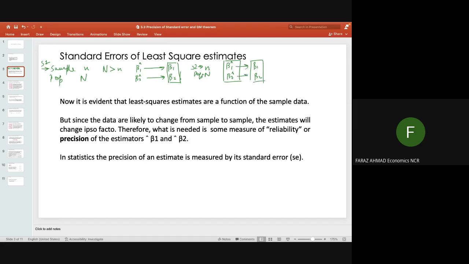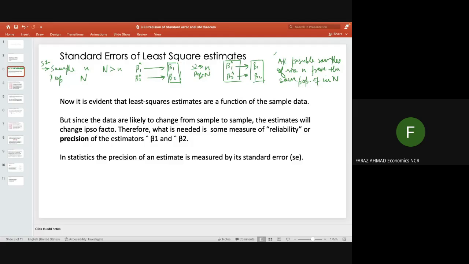If you repeat this process many times, the question is how many times. You have to collect all possible samples of size small n from the same population of size capital N. All possible samples are a lot of samples.